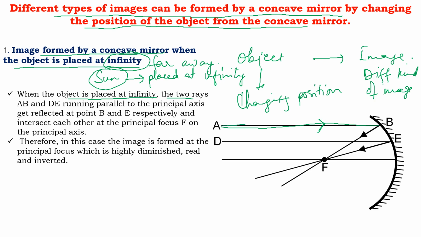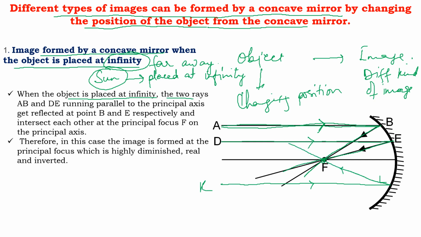Ray AB, which is coming parallel to the principal axis, after reflection will pass through the focus, that is the point F. In the same way, we consider one more ray DE coming parallel to the principal axis. After reflection it is also passing through a point. Even if I consider some other ray, let us say a ray KL is coming, then again after reflection it will pass through the focus.